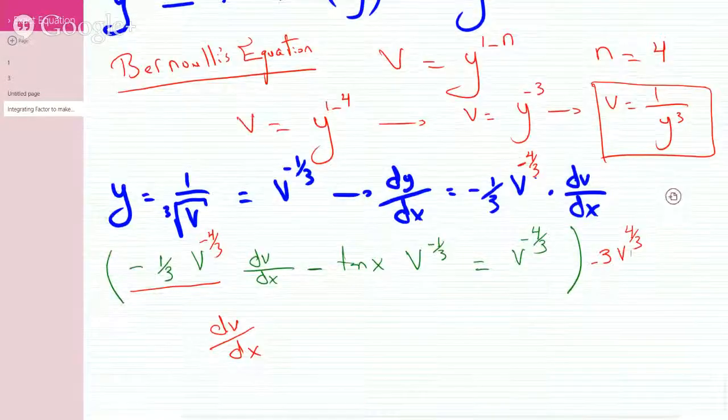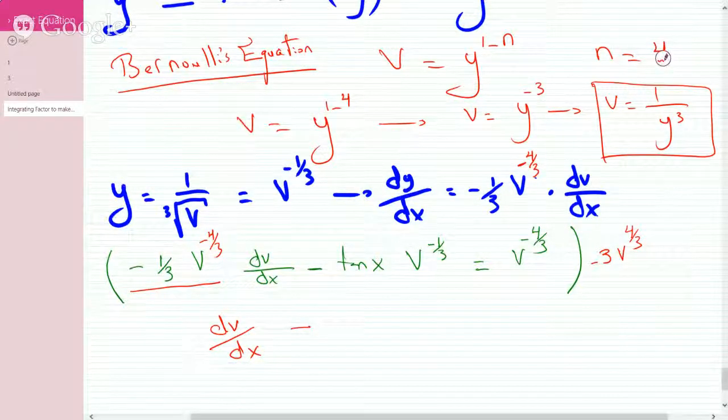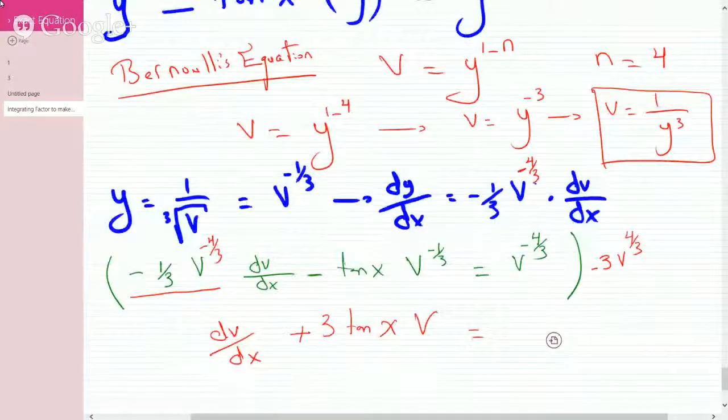Okay, so then we get this to be 1 dv over dx minus, if we multiply here by minus, this is a 3 tan x, and then v to the minus 1/3 times v to the 4/3 is just v, equals, oh, on the right hand side we have a cosine x here.